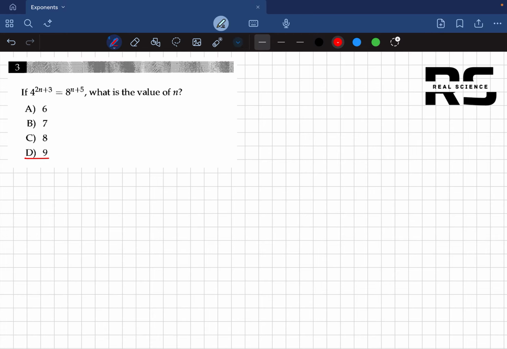If 4 to the power of 2n plus 3 is equal to 8 to the power of n plus 5, what is the value of n? When we solve these kinds of equations, the easiest way, let's say we have a to the power of f of x, and let's say we have a to the power of g of x. If the bases on the two sides are equal, then we can just make the exponents equal to each other.